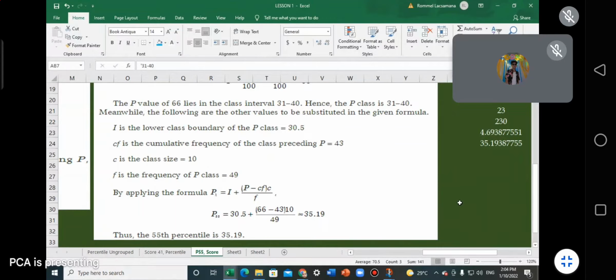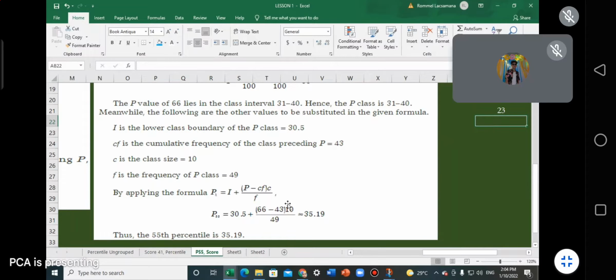If you do not have a calculator, it's very quick to do the computation in Excel. So what are we going to be doing? This one first: 66 minus 43. Let's repeat. 66 minus 43, that's 23. And I multiply that with 10.